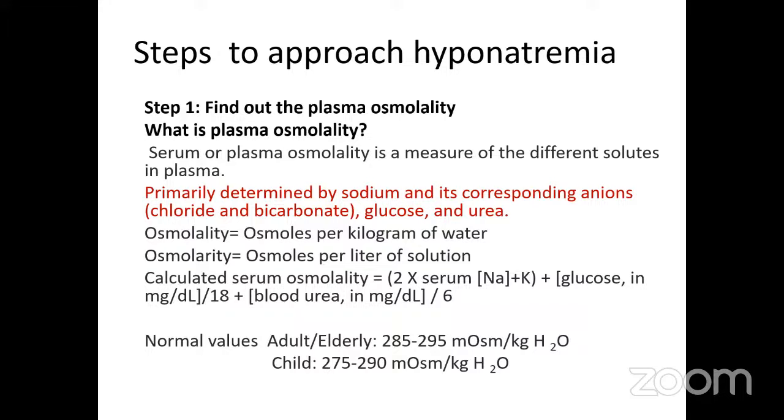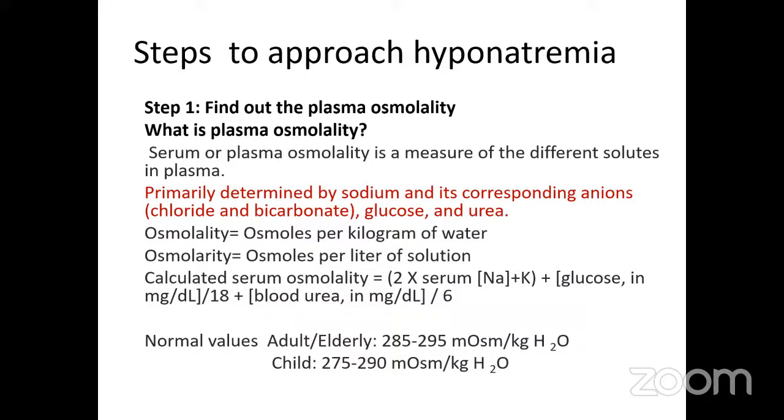The osmolarity has to be measured using an osmometer. Those who are appearing for entrance, the method used for measuring is the freezing point depression method. Because the osmometer is very expensive, we all calculate the osmolality based on the formula: 2 into serum sodium plus potassium, plus glucose by 18, plus urea by 6.